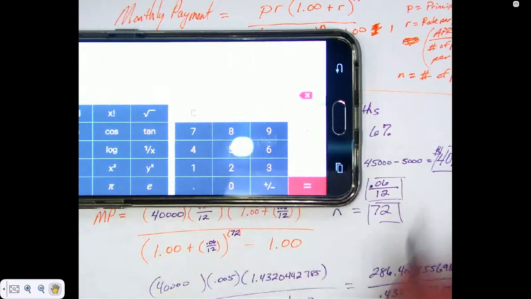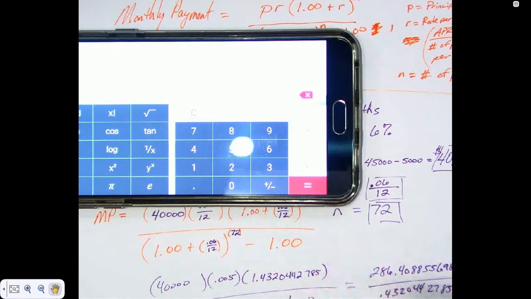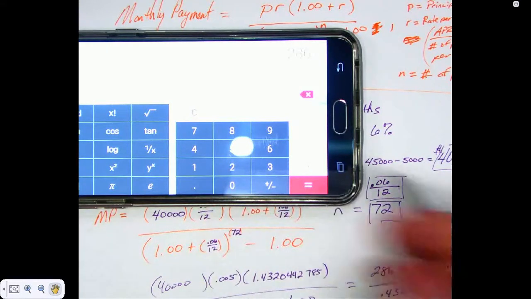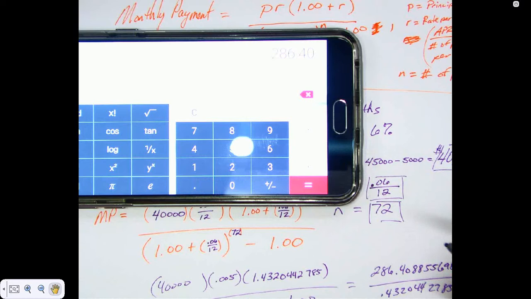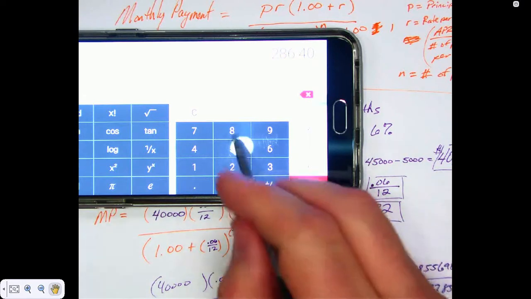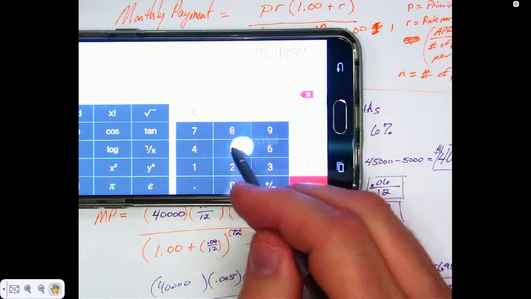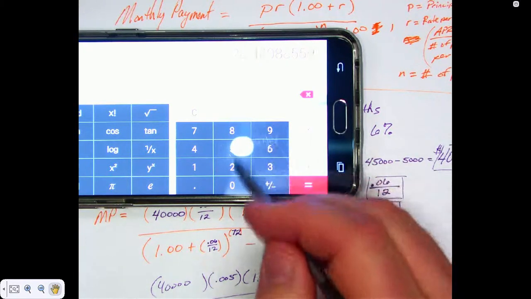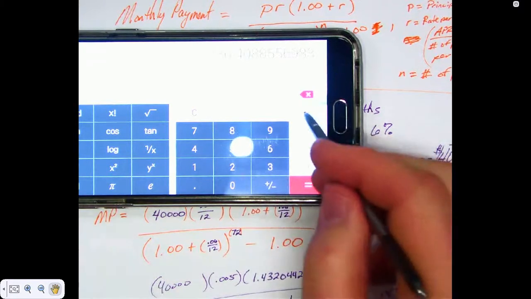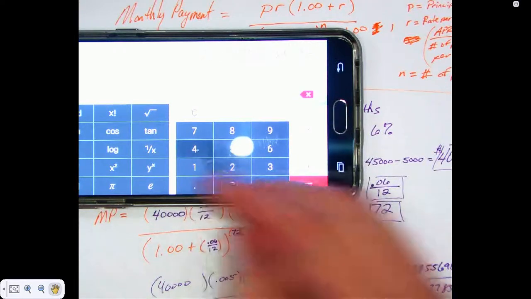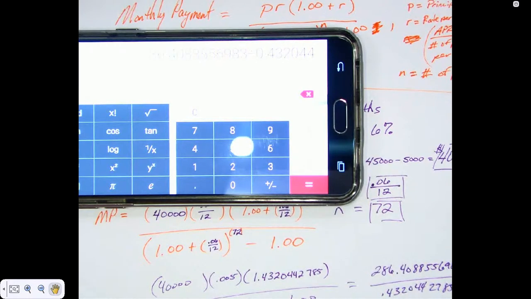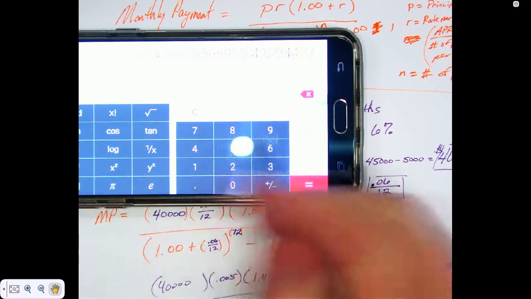And I'll do this where you'd have to do it in one step right after this. But I'm just wanting to kind of show the correct order of operations for those of you that might be a little rusty on that stuff. 286.4088556983 divided by 0.4320442785.